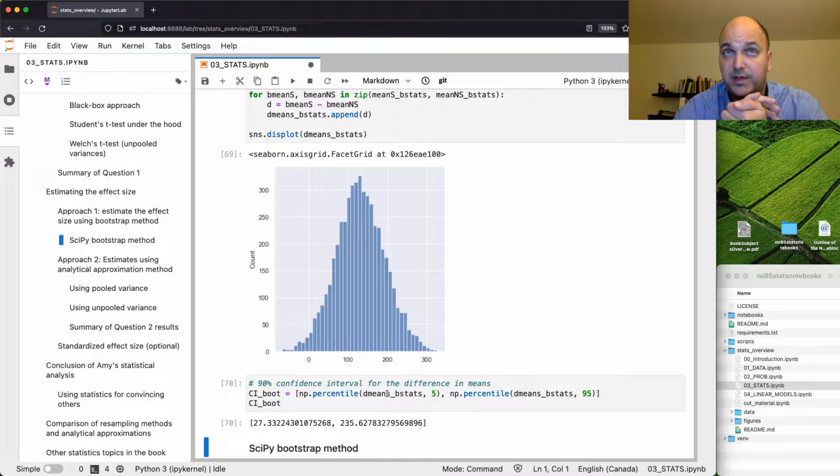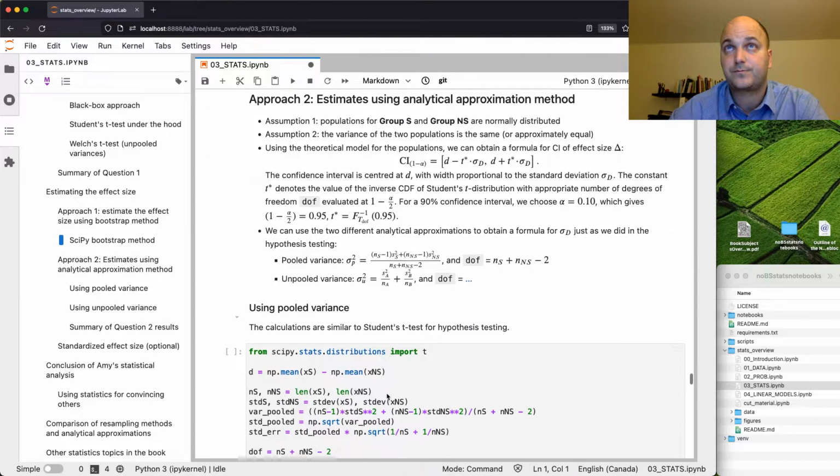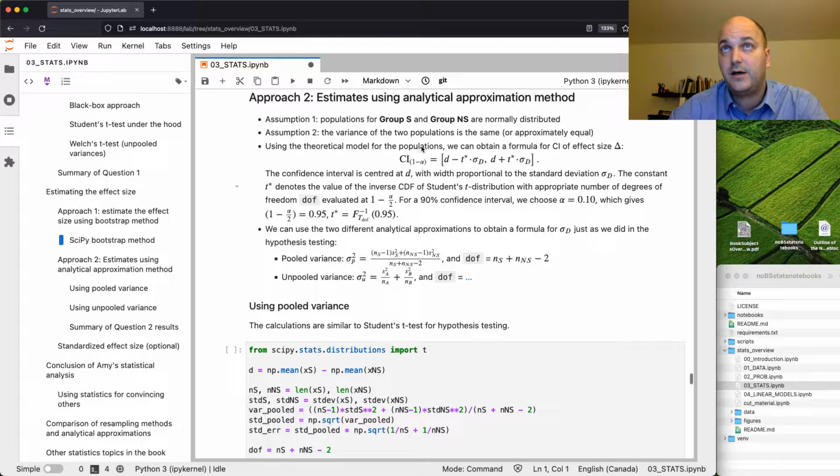More to talk about that, but here is another way to do this. Go in a textbook and find the formula. So earlier we had a model based on the t-distribution for the variability of the sampling distribution capital D. And based on that model, this is using the t-distribution in the opposite direction.